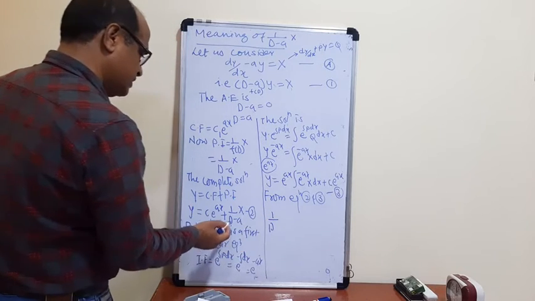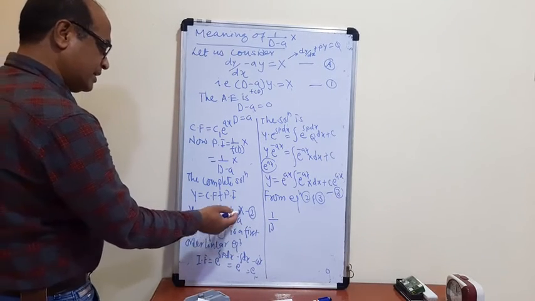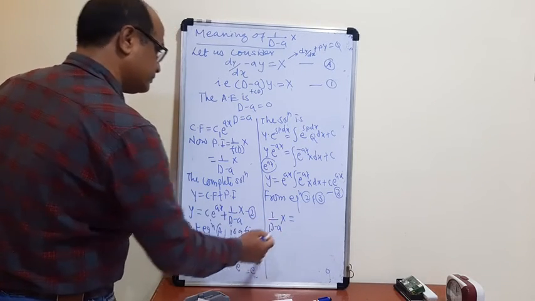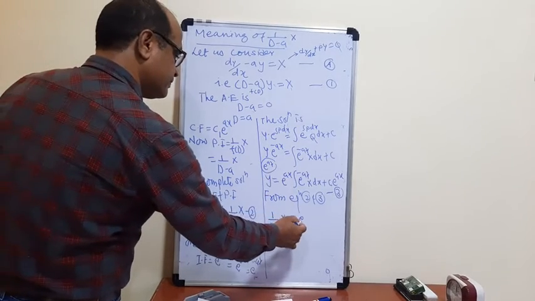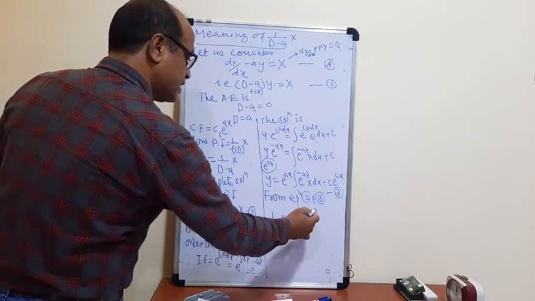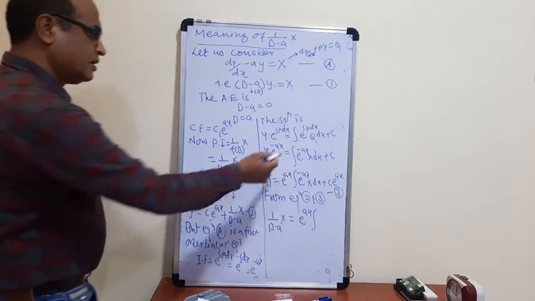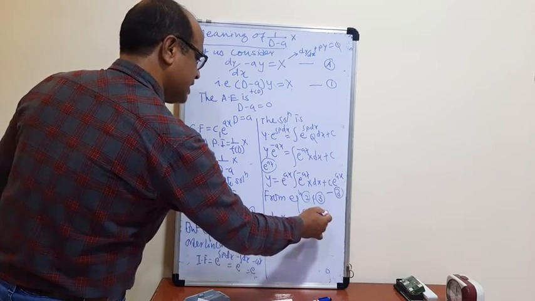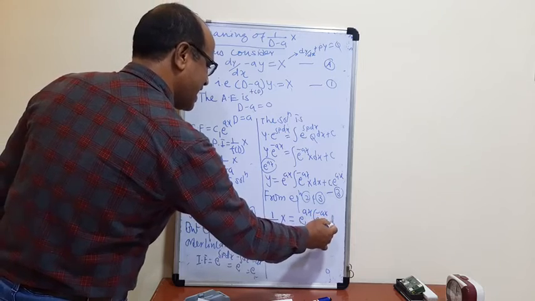So just see here, 1 upon D minus a x is equal to e raised to ax times the integration of e raised to minus ax, x dx.